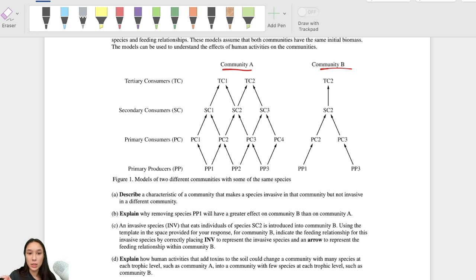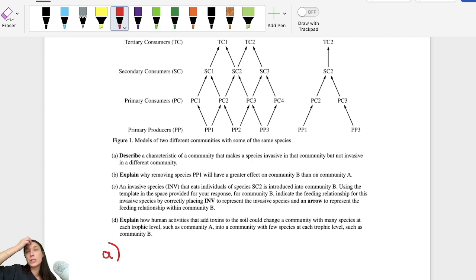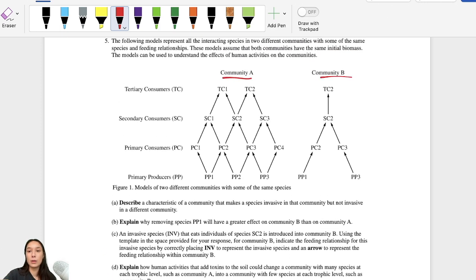There are a couple things that you can say to these. The number 1 that I usually think about are either in the respect of competition or predators. So for A, I'll write down all the possible options, but let's say, okay, I'm just going to use community A and community B as examples.